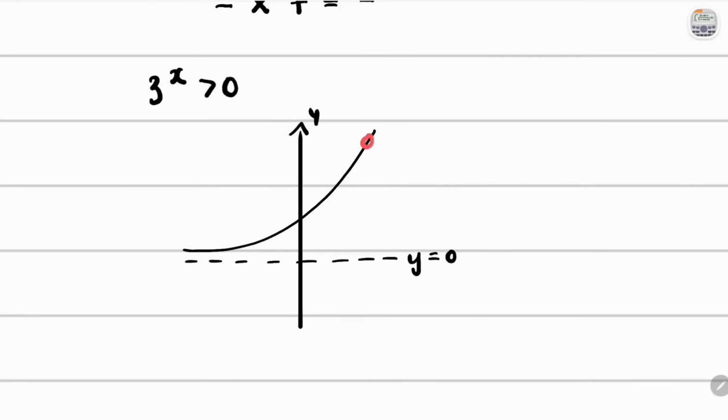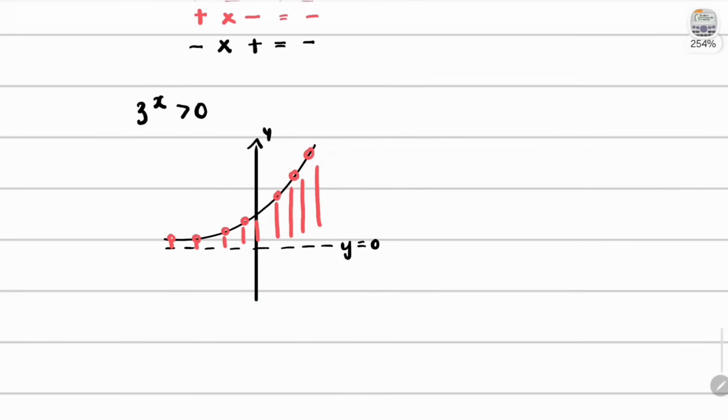It has a positive y value here and here and here, and it keeps having positive y values all through. So this means it's going to work for every single x value. It will always have positive y values. So the solution to that is that x is basically just an element of all real numbers. Okay, so we're saying that this will work as long as x is an element of all real numbers.